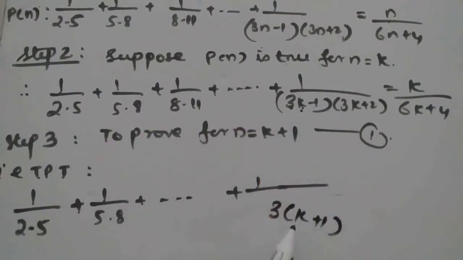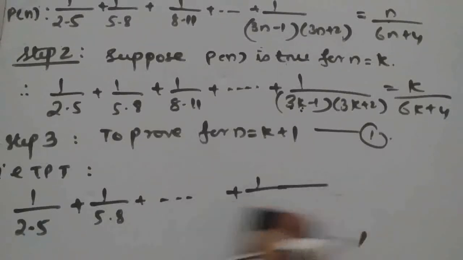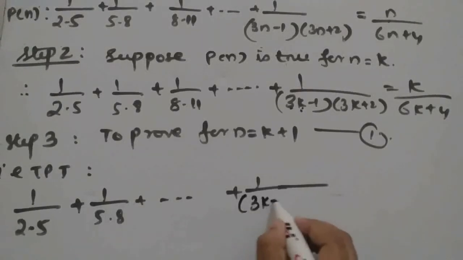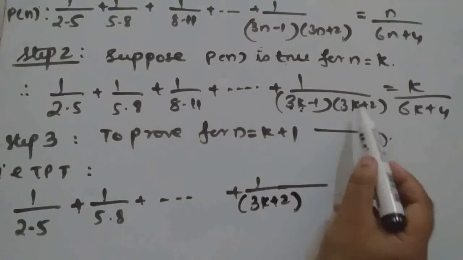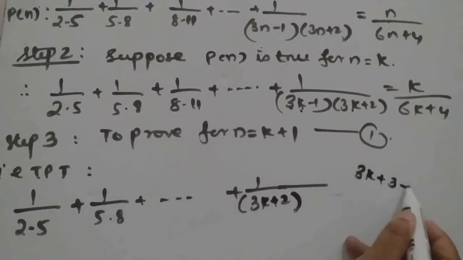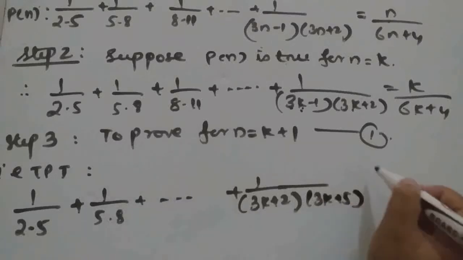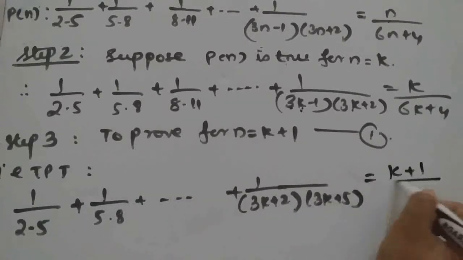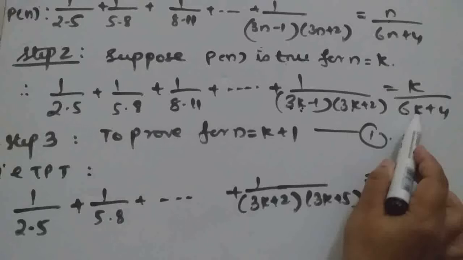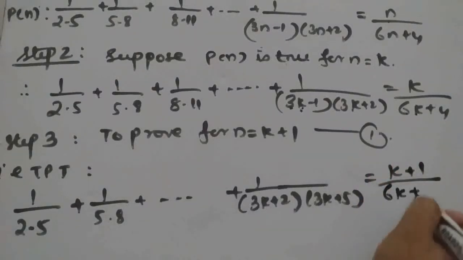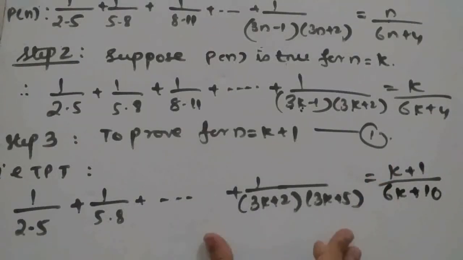Instead of k I am substituting k plus 1, minus 1 is already there. So 3k plus 3 minus 1, that means 3k plus 2. The first bracket is 3k plus 2, and for this bracket 3k plus 3 and plus 2 is already there, so 3k plus 5. And the right hand side will become k plus 1 by 6k plus 6 plus 4, so 6k plus 10. This we have to prove.